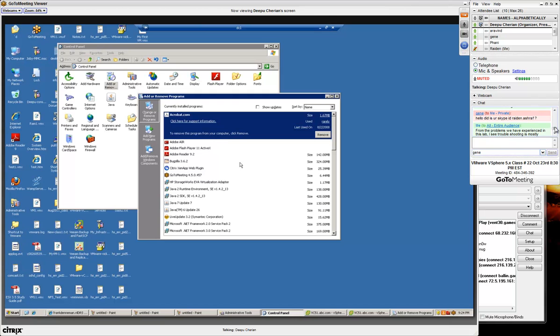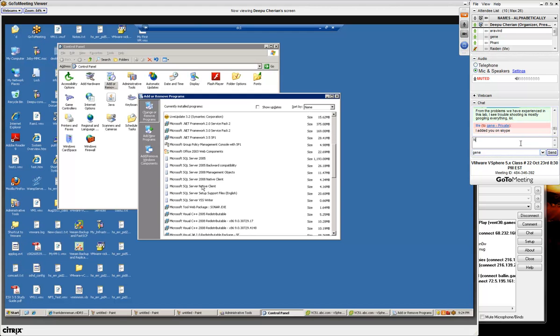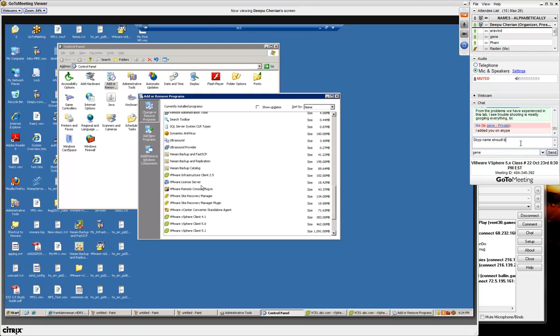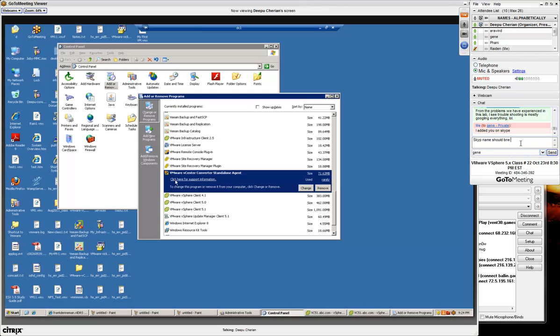Here is the thing: VMware vCenter Converter Standalone agent. This is the agent that is currently doing the job. This is the one that is actually converting. Once the conversion is over, this will be automatically uninstalled.